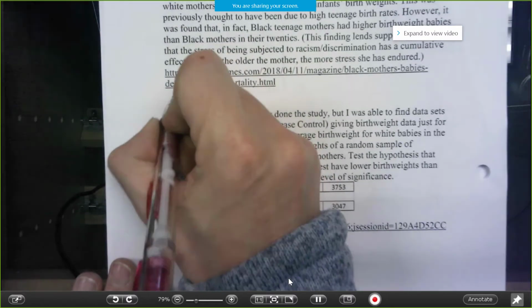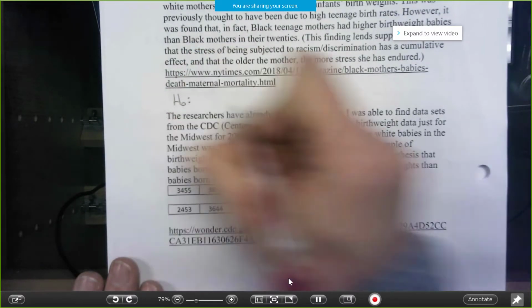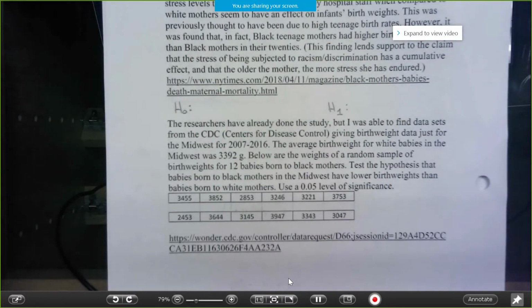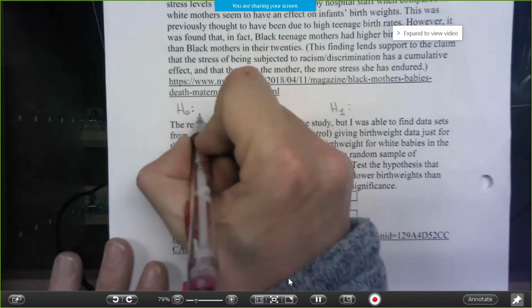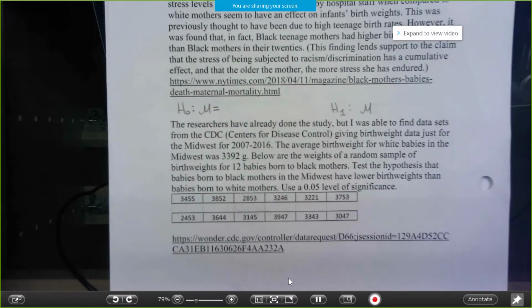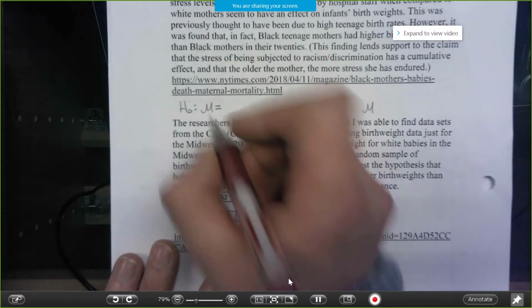So first of all, let's state our hypotheses. So mu or p? Mu. And null has to be equals. So it would be mu equals what? 3392.